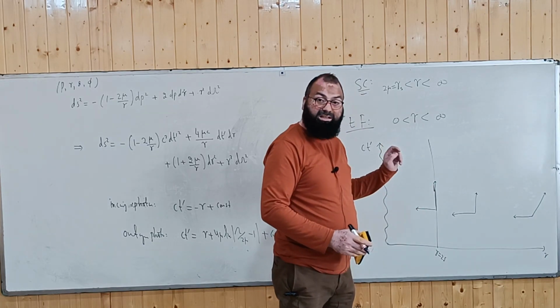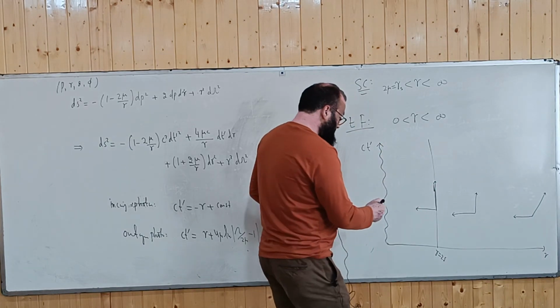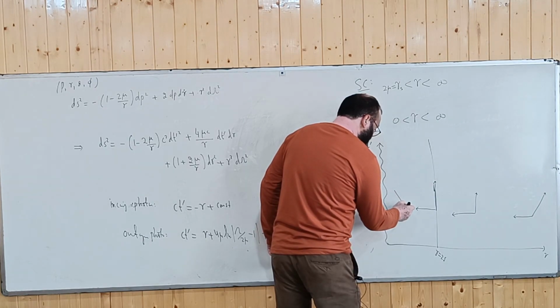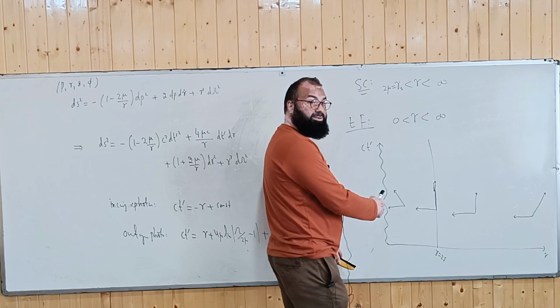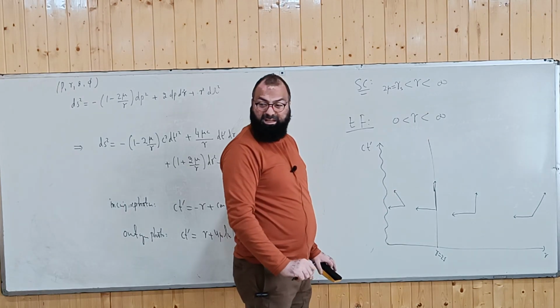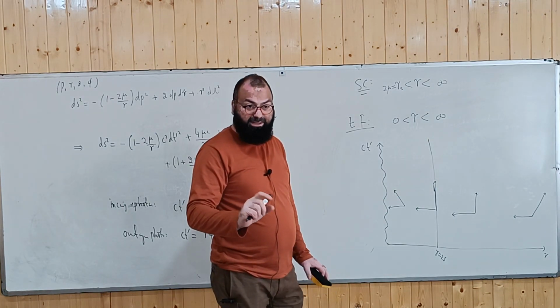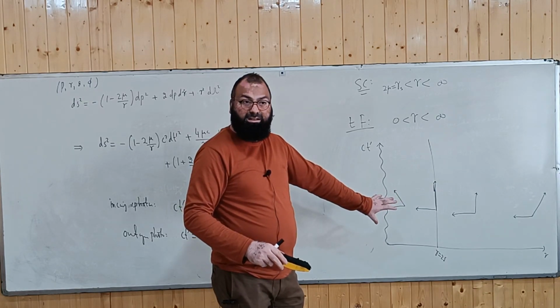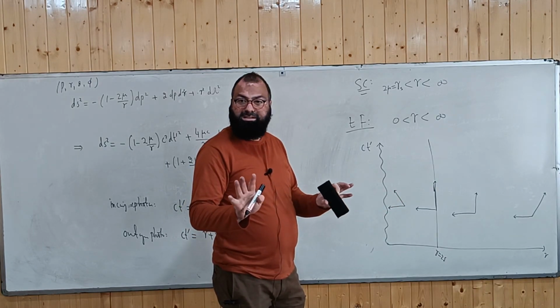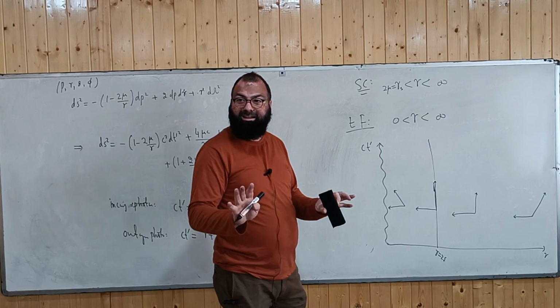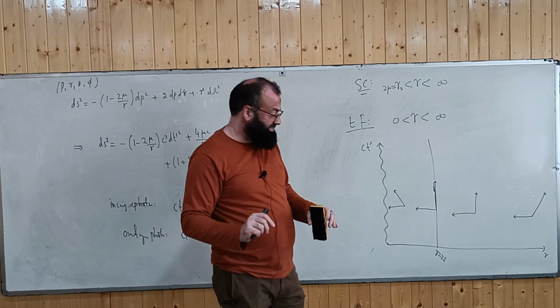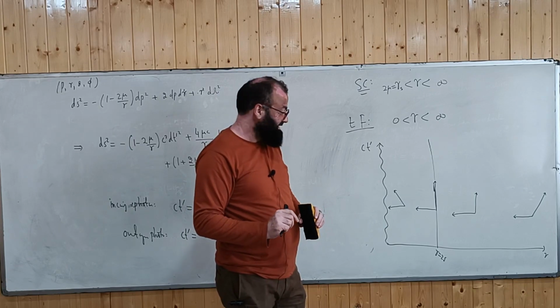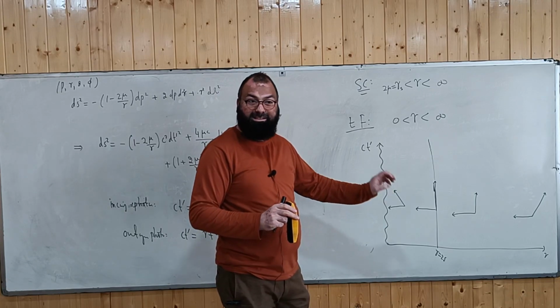Now let's draw the trajectory. Because the cone will shrink, when it reaches R equal to 0 they will close up. Everybody is following? We did this yesterday. Okay, everybody is getting it.